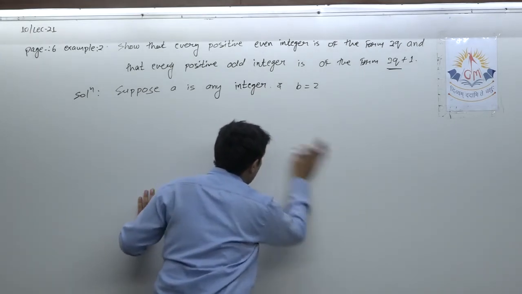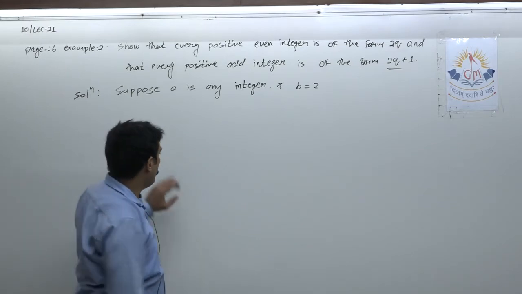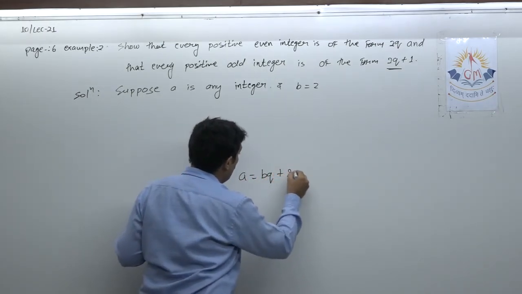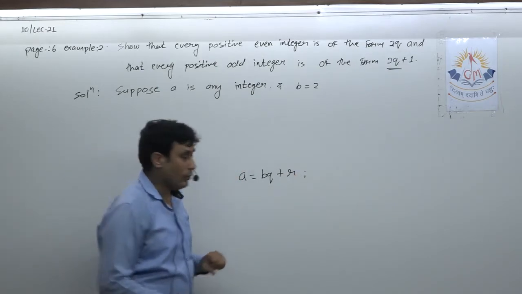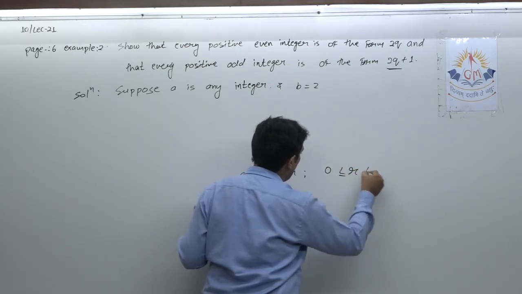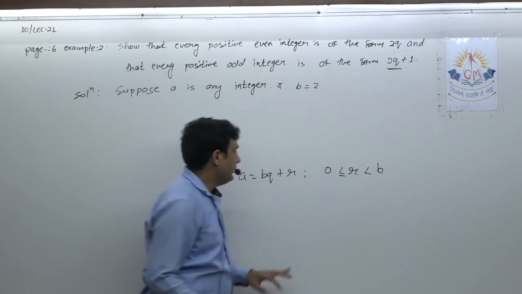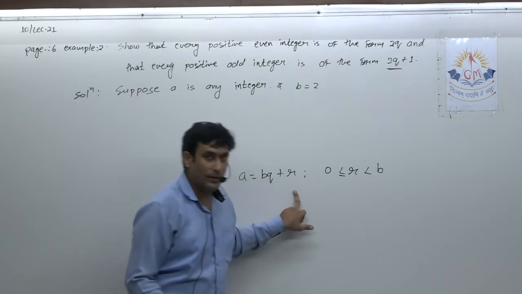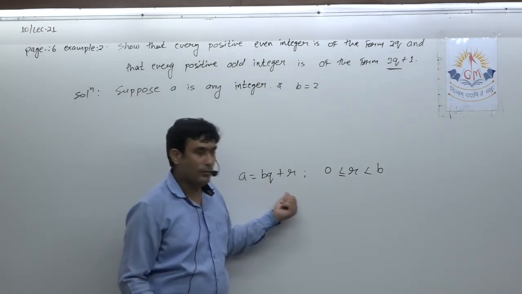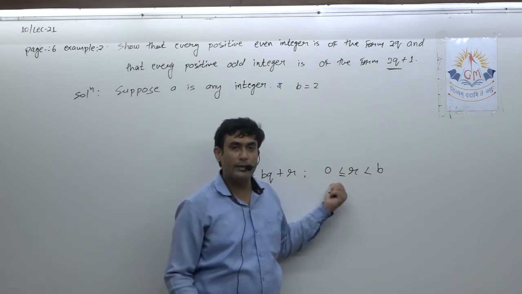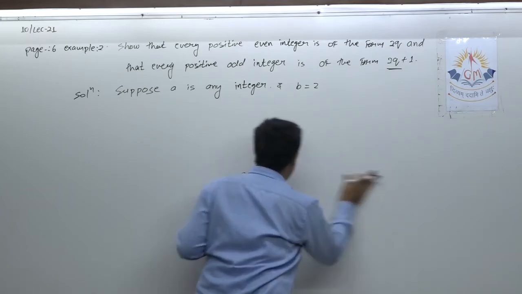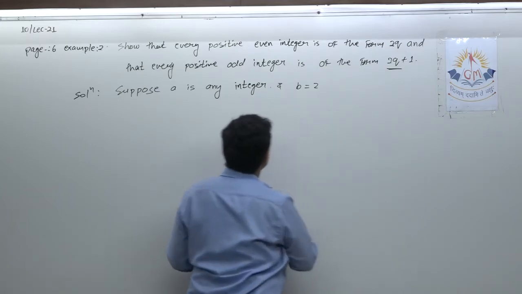Now if you remember Euclid's algorithm, a is equal to bq plus r, it also states one more condition, that r must be greater than or equal to 0 and less than b, isn't it? This is Euclid's statement, that every integer can be written in the form a equals bq plus r, where r is greater than or equal to 0 and less than b. So here I assume that b is equal to 2.